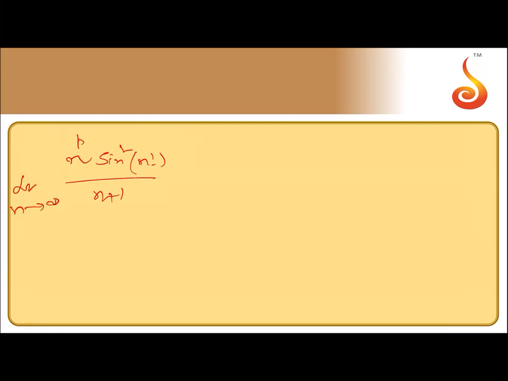Limit as n tends to infinity. Remember one important case: as p lies between 0 and 1, it implies n to the power of p tends to 0 as n tends to infinity.